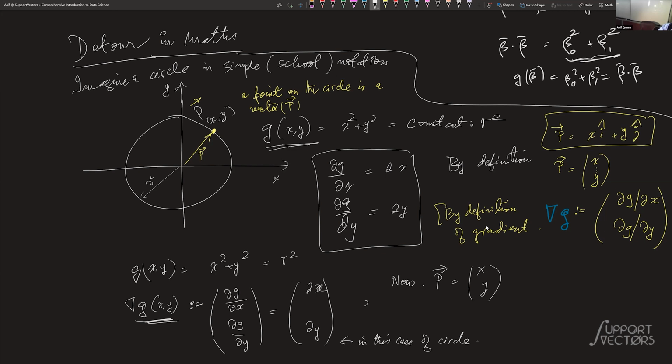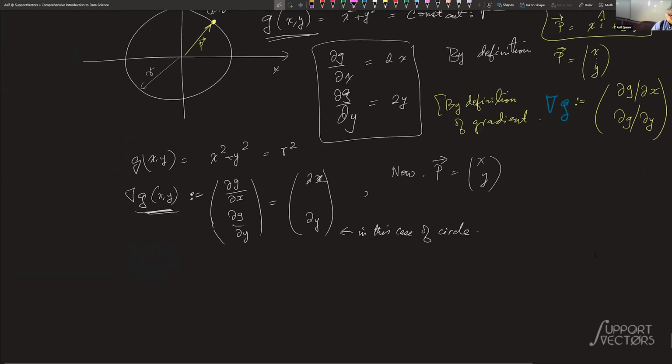So is there a relationship between the gradient and the point? For the circle, yes. For the circle, gradient G happens to be equal to 2 times the x vector, the P vector itself.